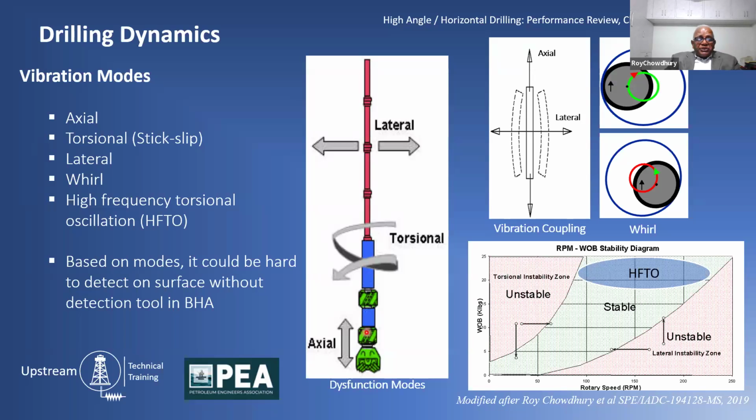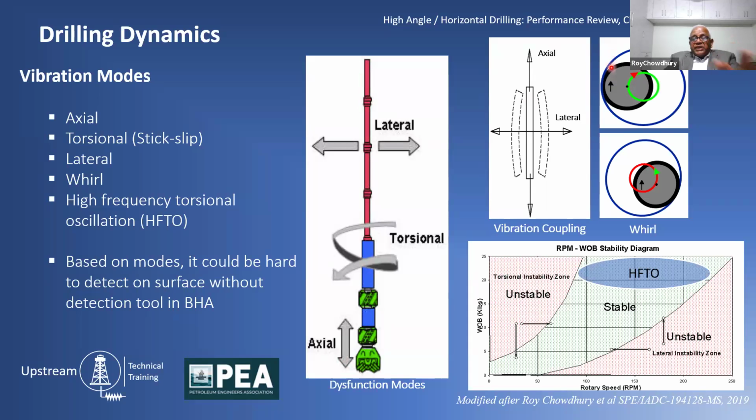If you have an axial vibration, at the surface you are anchored and your drill string can't move. So you may also experience lateral vibration, although the trigger is the axial vibration. This phenomenon is called vibration coupling, or just coupling. So these are the three types of vibration mode.